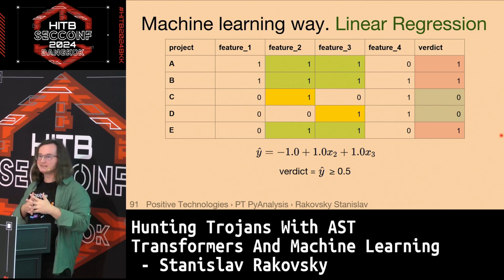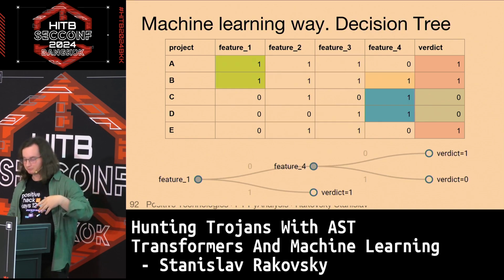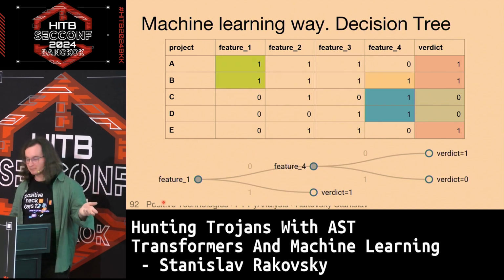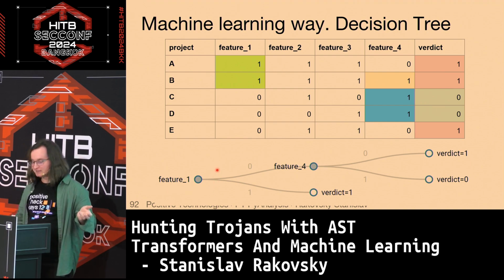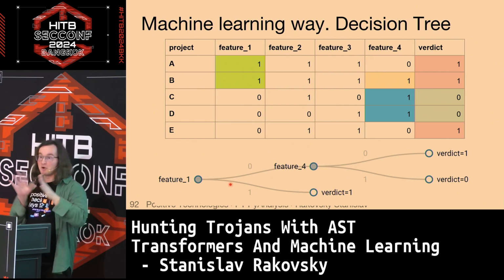We have other ways the computer can map features to verdicts. For example, a decision tree. Here we can see that the model selected feature 1 and feature 4 for making a verdict, different from what linear regression did. For feature 1, the presence of this feature leads to a malicious verdict. The decision tree was built automatically.